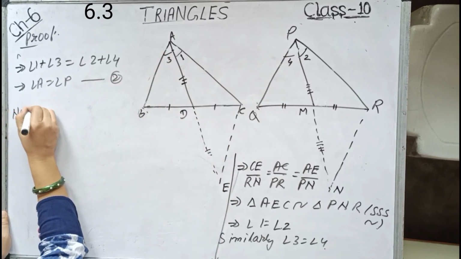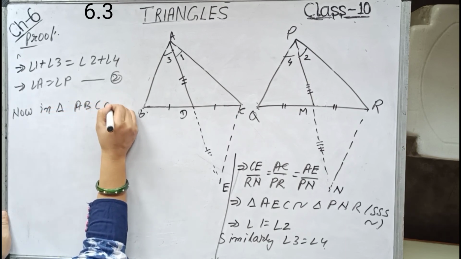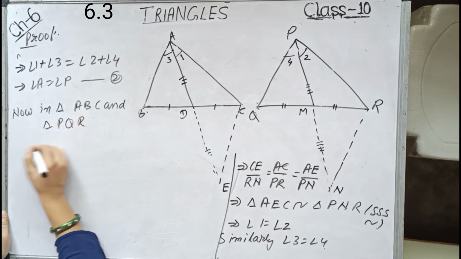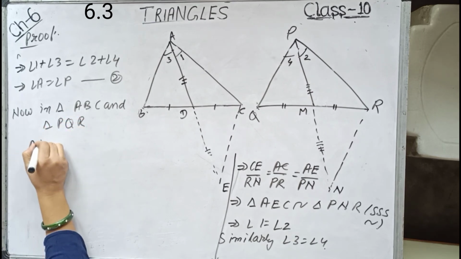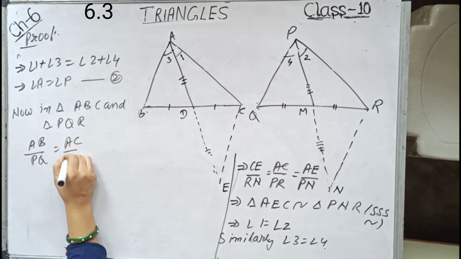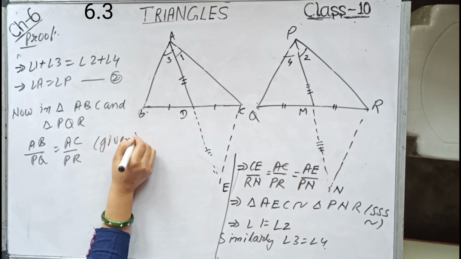Now, in triangle ABC and triangle PQR, AB by PQ equals AC by PR. What you will write? Given.